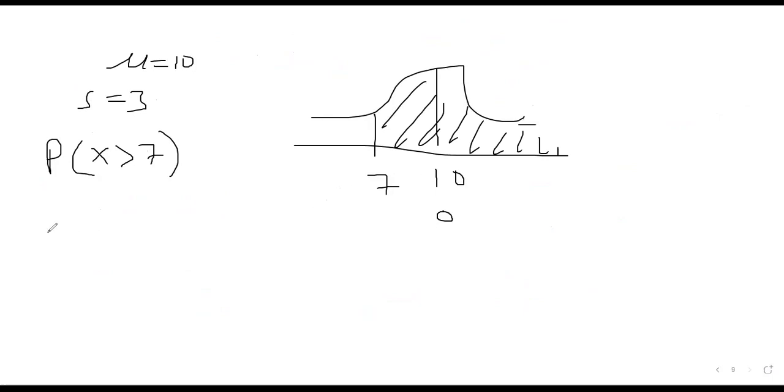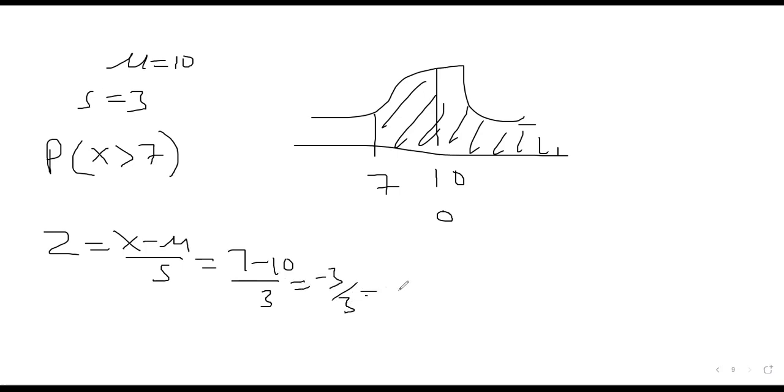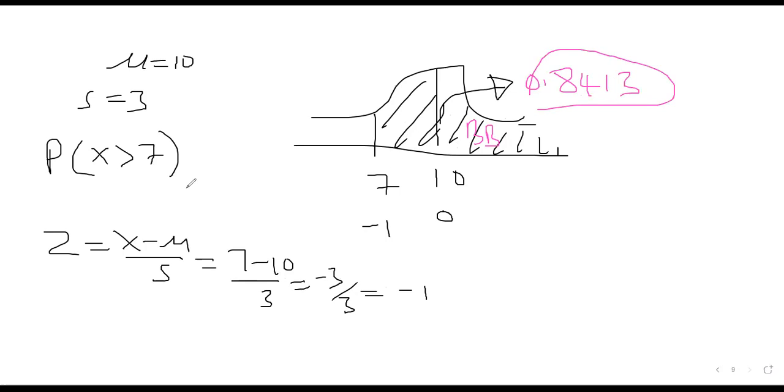Standardize the 7. 7 will be a negative because it's already on the negative side. 7 minus 10 over 3 is negative 3 over 3, which is negative 1. So for this negative 1, it's a big shade. There's no need of subtracting. So we're going to have 0.8413. So this is the big shading that we're going to look at.